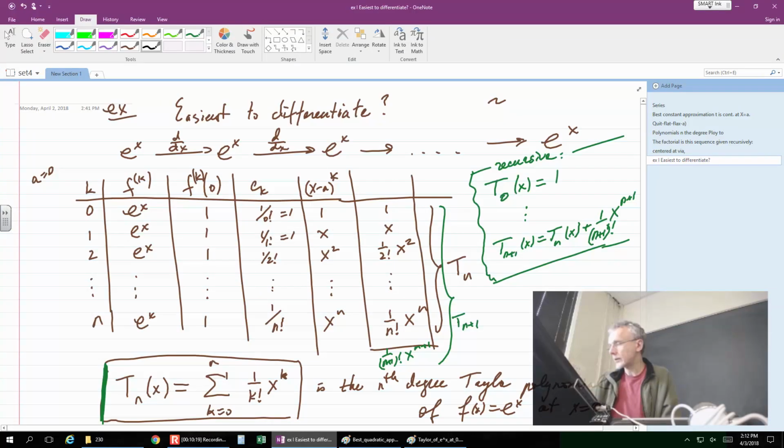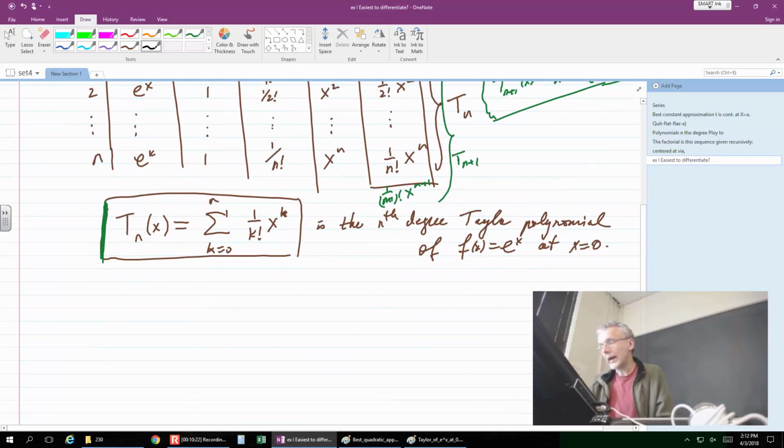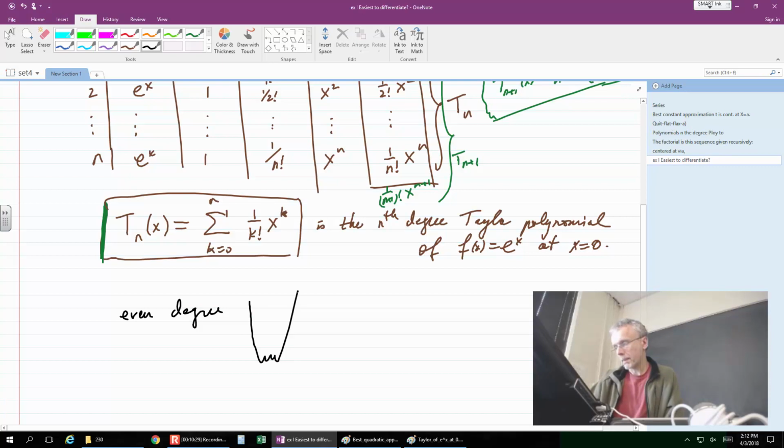You might remember that from pre-calculus. For even degree, a polynomial looks like this or like that. It might oscillate somewhere in the middle, but large scale behavior is infinity, either both of them positive or both of them negative infinity.